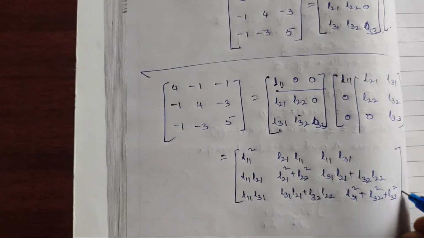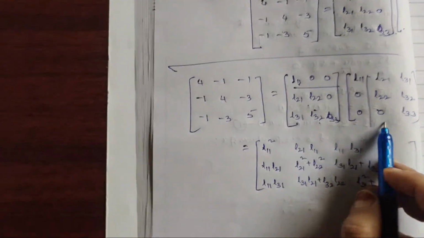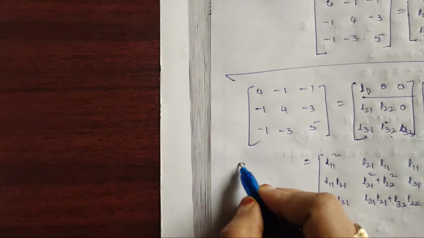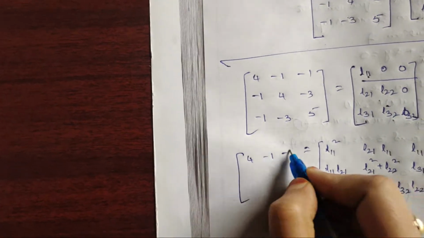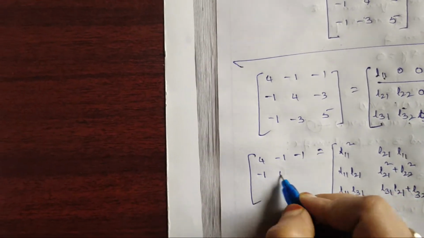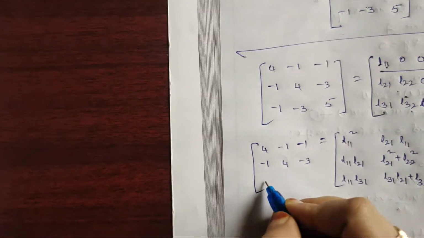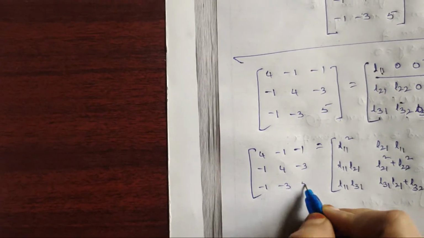The product of L into L transpose equals the A matrix, which is the same: 4, minus 1, minus 1; minus 1, 4, minus 3; minus 1, minus 3, 5.